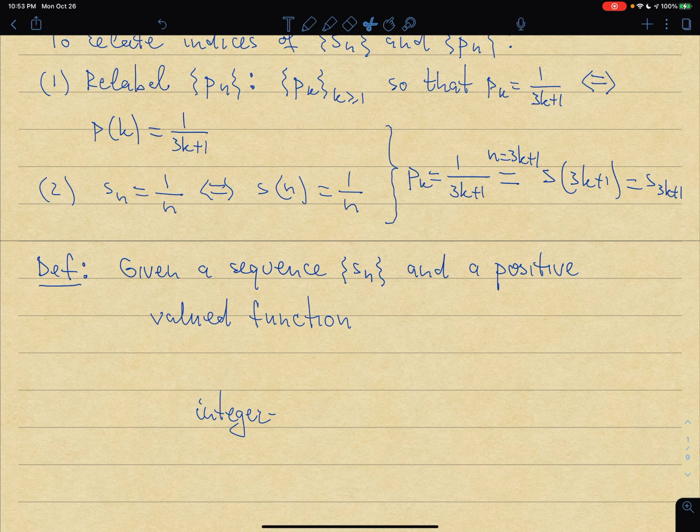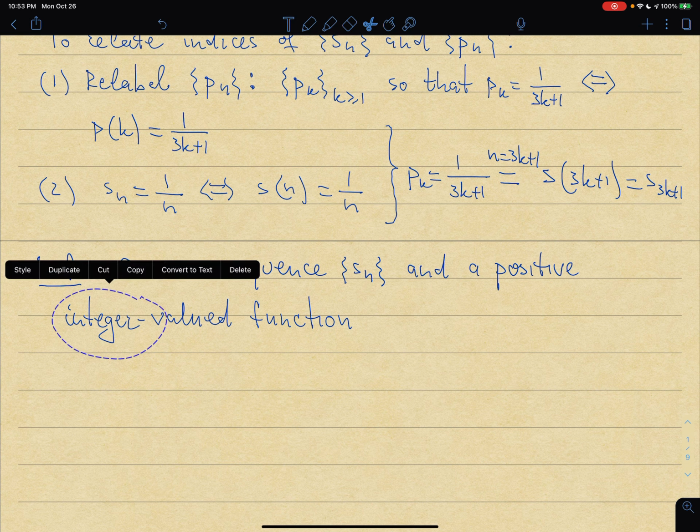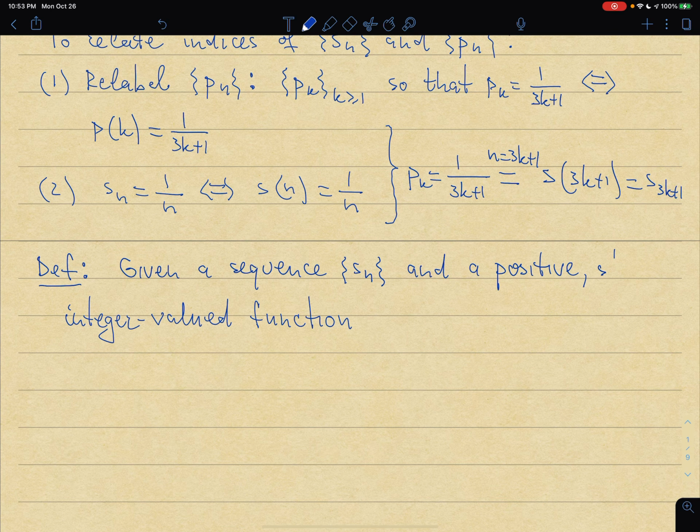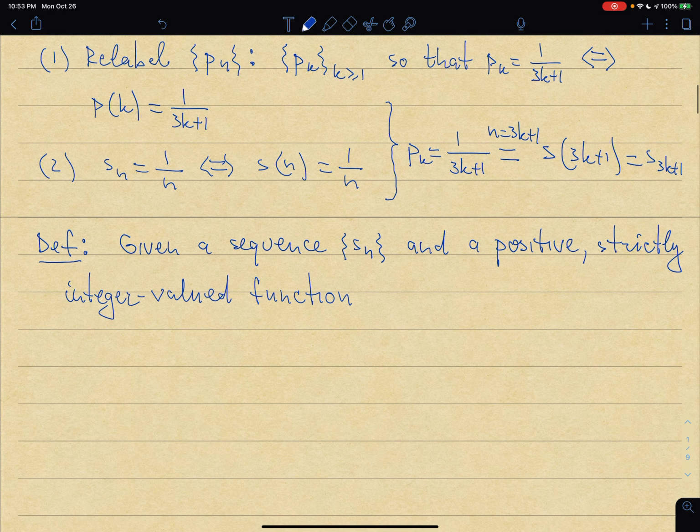One more thing that I have to mention here: positive and strictly increasing integer valued function n of k.